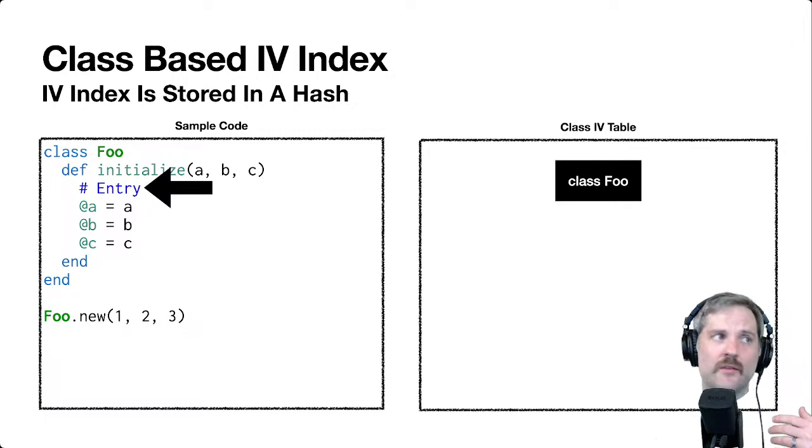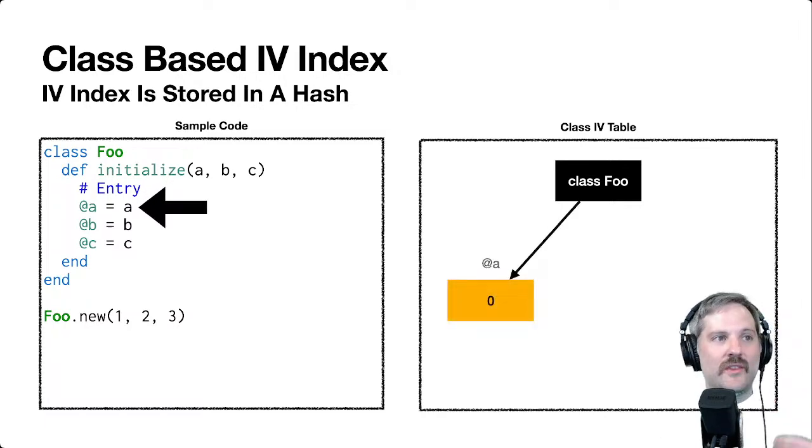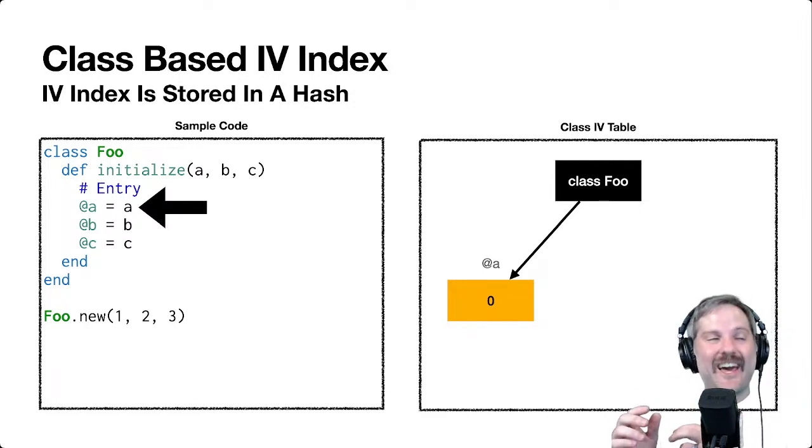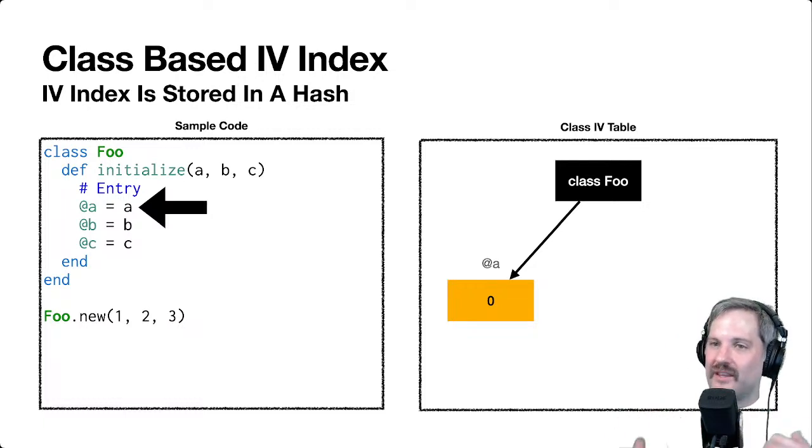In today's implementation, the instance variable index is stored on a hash. Let's say we execute this code, we'll look at the foo class. The instance variable to IV index hash table is stored on the class itself, not the instance.